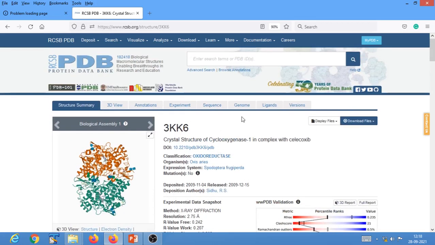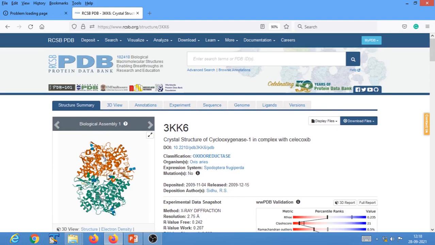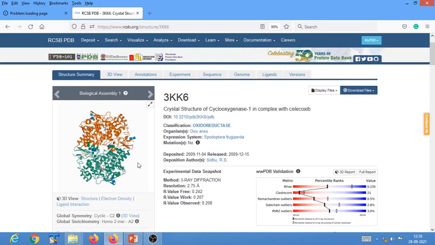So when you download the protein for your project from PDB, make sure that you download the paper as well, read that paper, and try to understand what exactly that model is. This is the practical stuff that I want to focus on right now. Don't blindly download that model and start working on it.